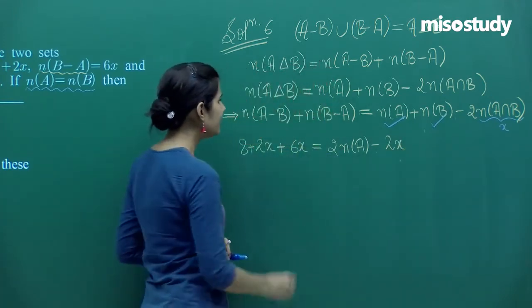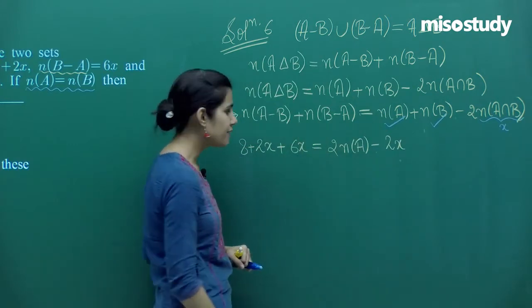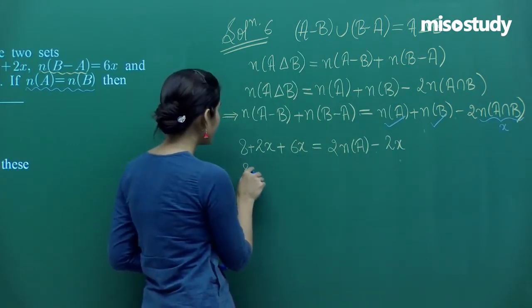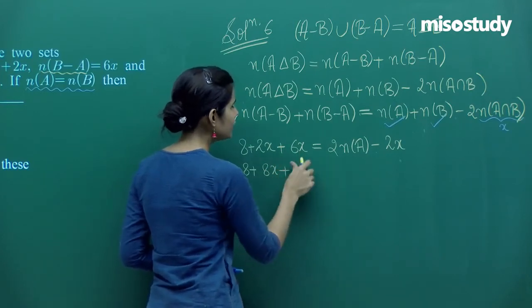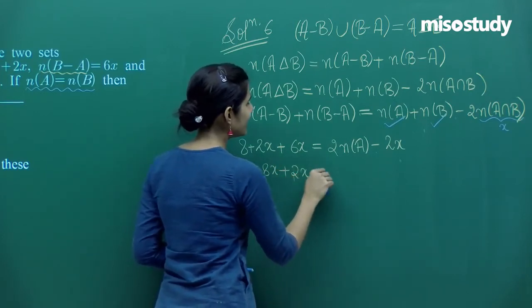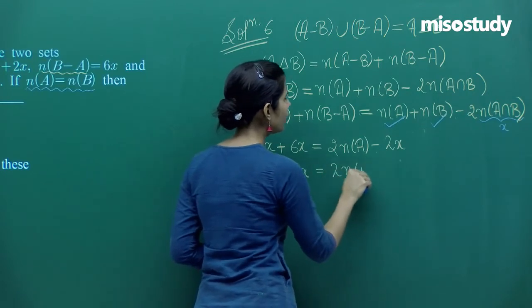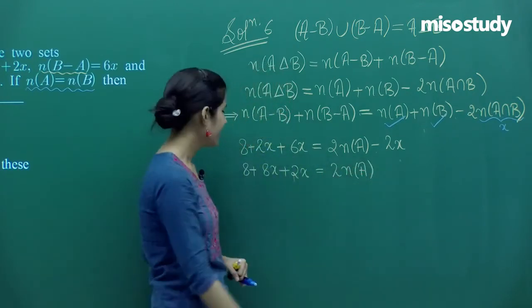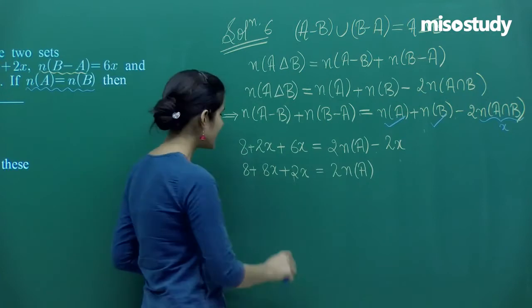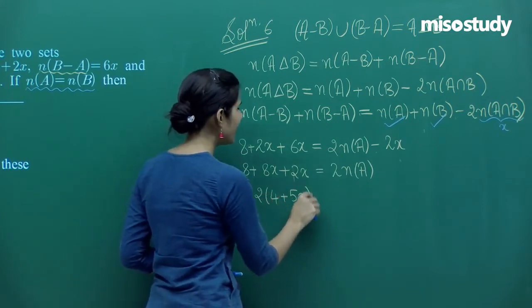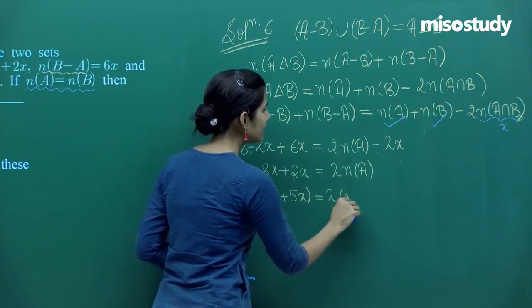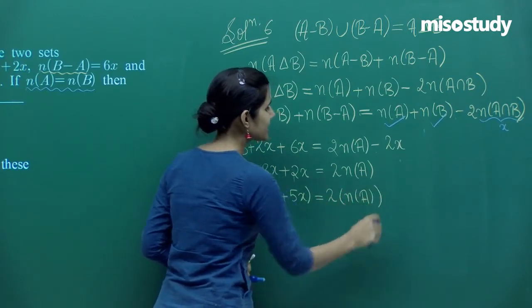Once you have obtained this, just bring this 2x to the left hand side and you will have 8 plus 8x plus 2x equal to twice the number of elements in A. 8x plus 2x gives you 10x. Just take 2 common and write 4 plus 5x equal to twice the number of members in the set A.